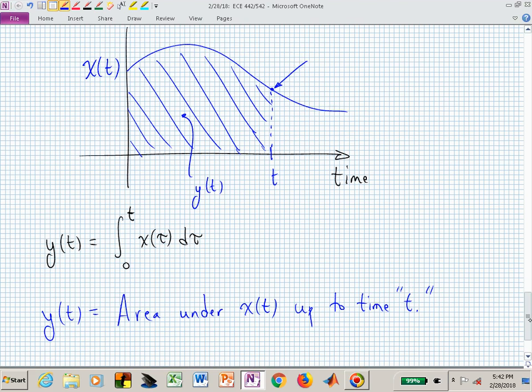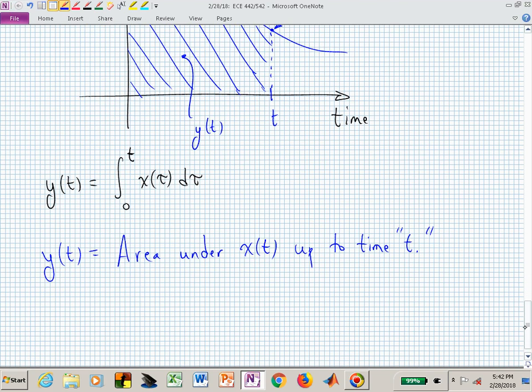If little y of little t is that, what is little y of little t minus capital T? That's the same area under x of t. It just doesn't quite get to little t. It gets to little t minus capital T, or one sample period.